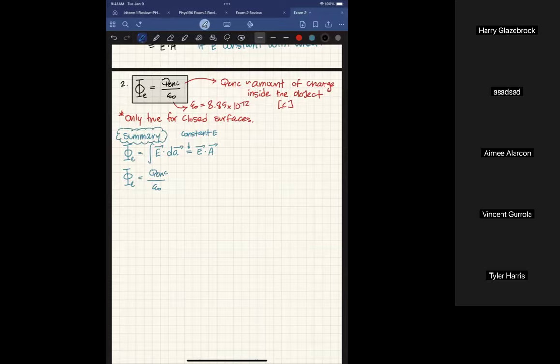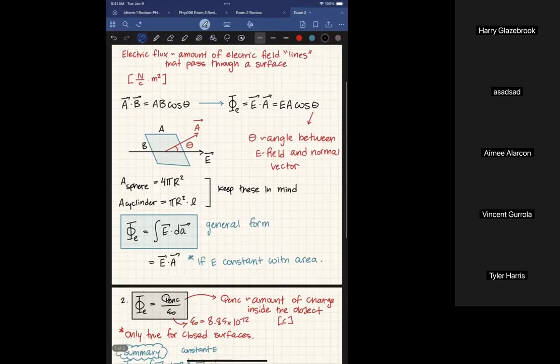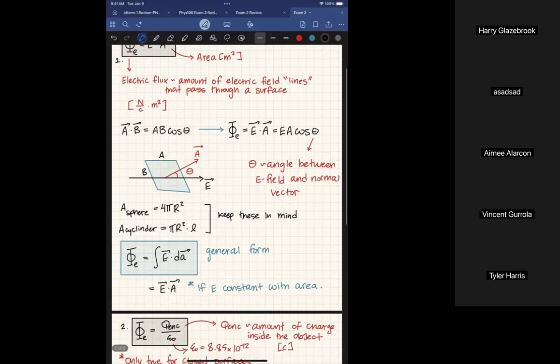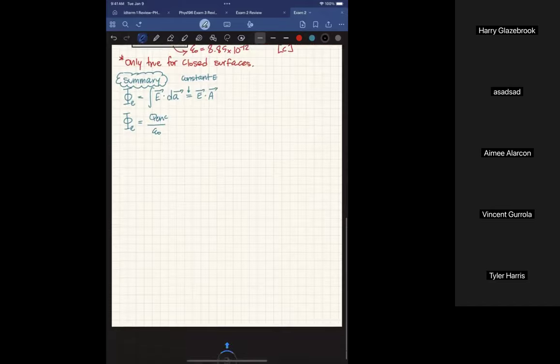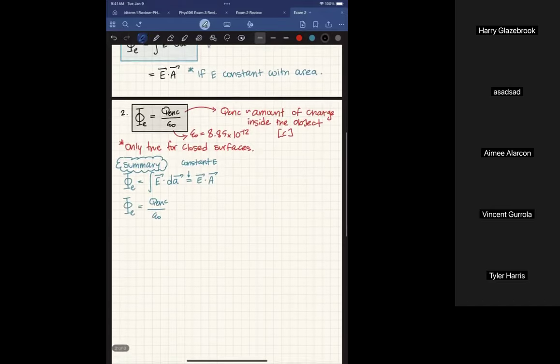All right. Before I move on, any questions about electric flux, how to apply it, what any of this stuff means? Cool. Okay. So that's already about 80% of chapter 24, and there are going to be questions involving stuff like this. Now, last but not least is Gauss's law.